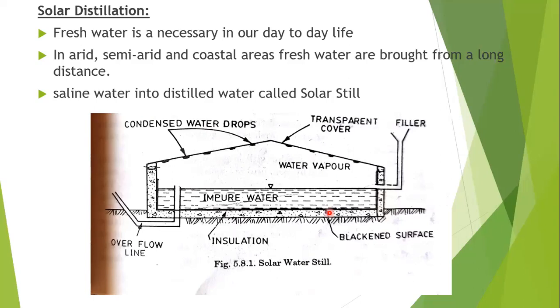The impure water in the basin or tray is heated and forms vapors. These vapors are condensed, cooled to purified water on the cooler interior of the roof. The cooler is not shown, but these vapors are cooled in the cooler interior of the roof.